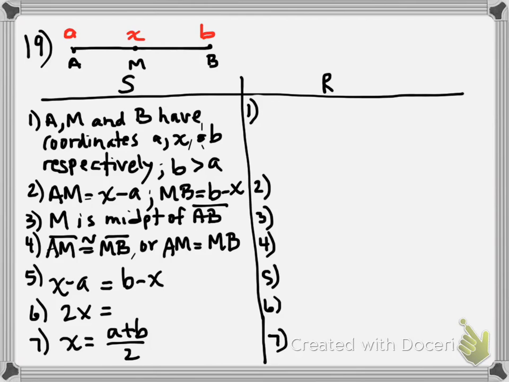We were told in the given that points A and B have coordinates little a and little b, that little b is greater than little a, and that the midpoint M of segment AB has coordinate x. So they just rewrote that differently in the first one. That is honestly just the given.